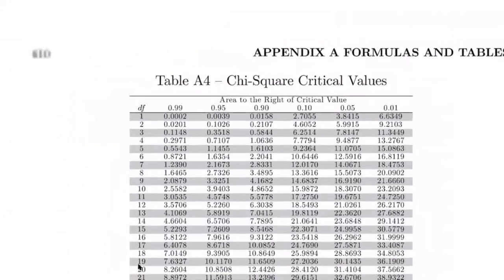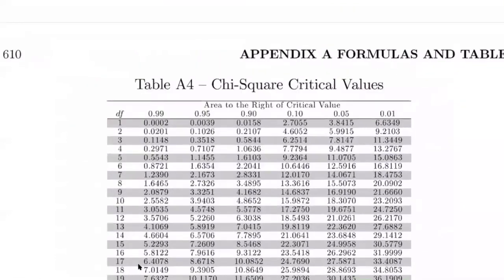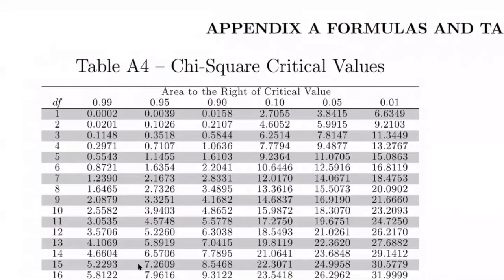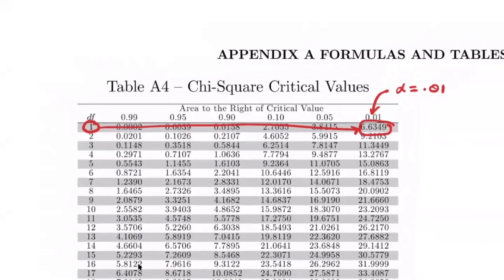Now, the good news is only 1 degree of freedom, and it was an alpha of 0.01 on this one. So we can go all the way down to that. So that's table A4 again, chi-square distribution, critical values.